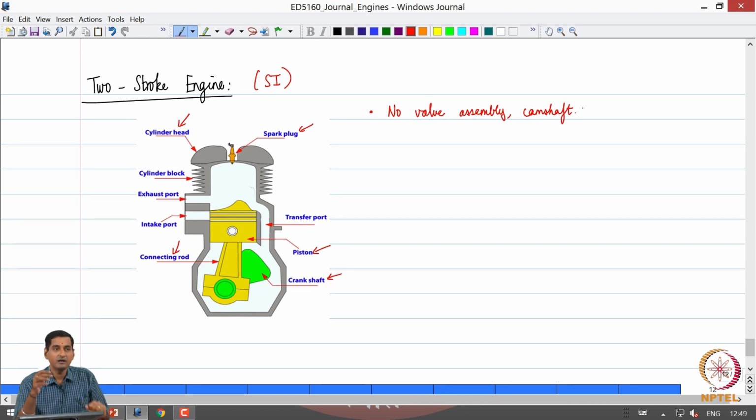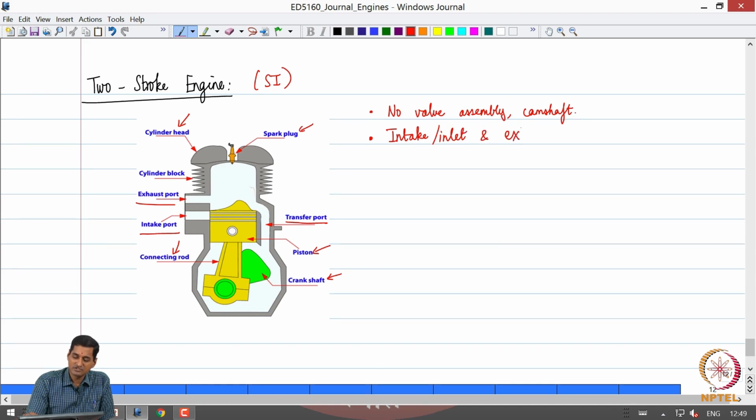So then how is the fuel air mixture taken into the combustion chamber, and how are exhaust gases removed from the combustion chamber? We have what are called the intake port or the inlet port, the exhaust port, and what is called a transfer port. So in place of valves, we have intake or inlet ports and exhaust ports.